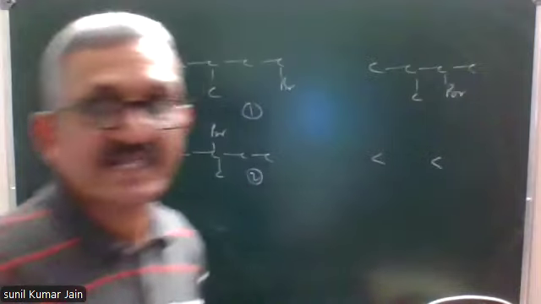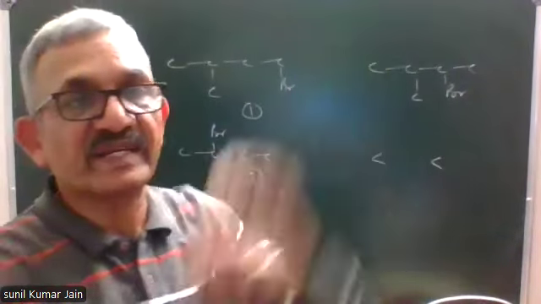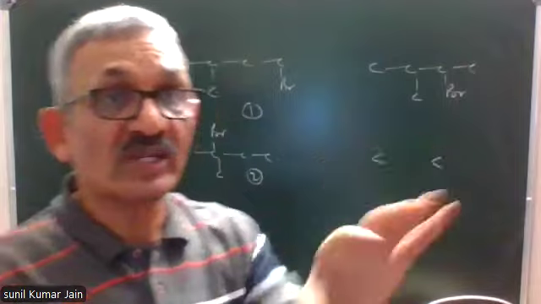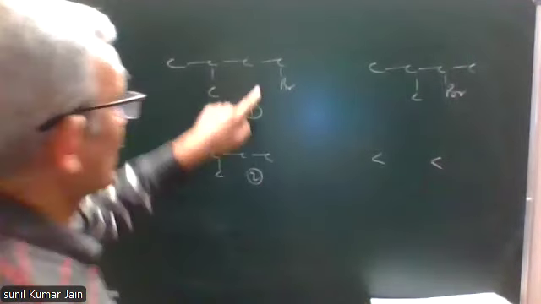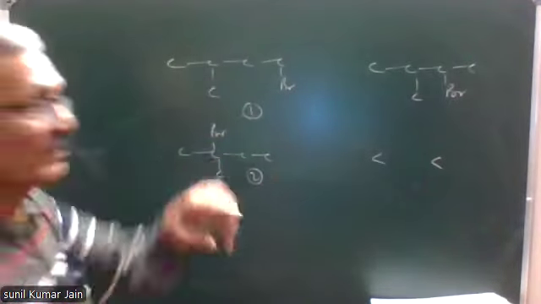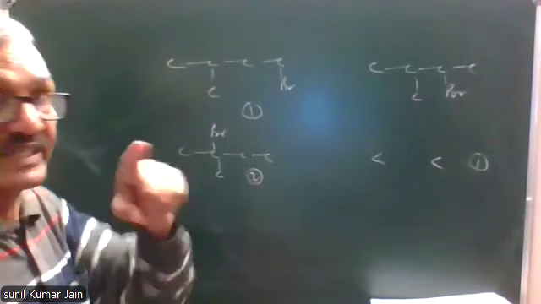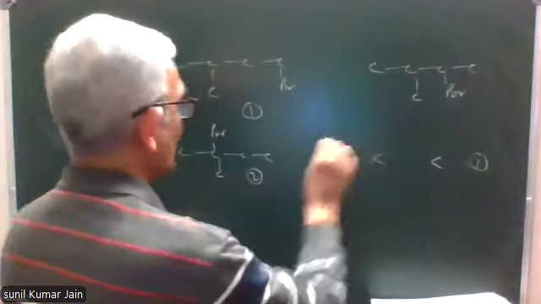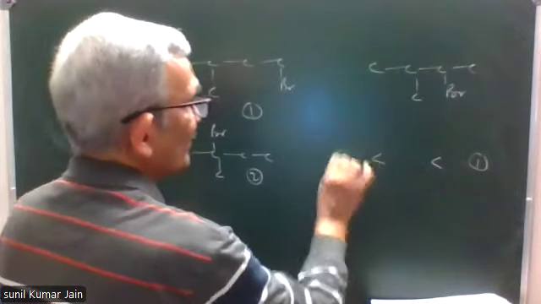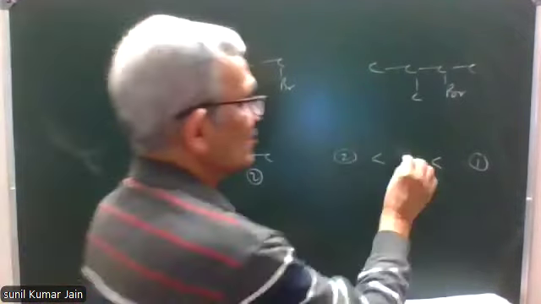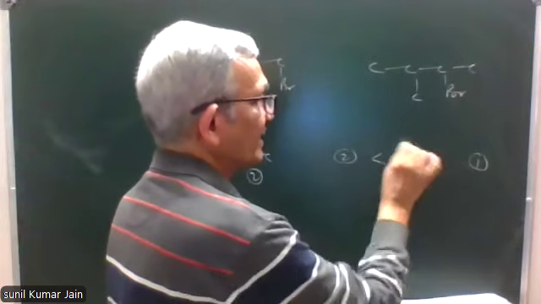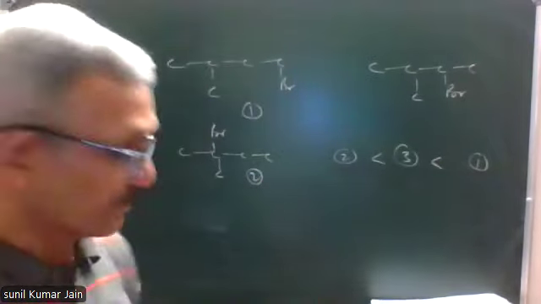SN2 mechanism is based on steric hindrance. More the steric hindrance, lesser is the reactivity. Now this is primary, reactivity will be maximum. This is tertiary, reactivity will be minimum. Sorry, 2. And this is secondary, this will have an intermediate reactivity. This is the order.